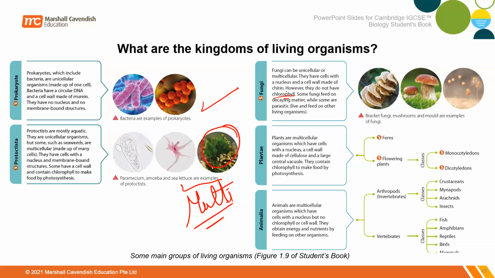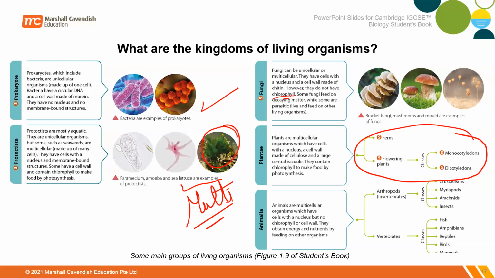And we will talk in detail about the typical structure of plants. They contain chlorophyll to make food by the photosynthesis process. I will talk about the classification of kingdom Plantae in the next couple of slides, but I want to give you the general idea about the kingdoms.